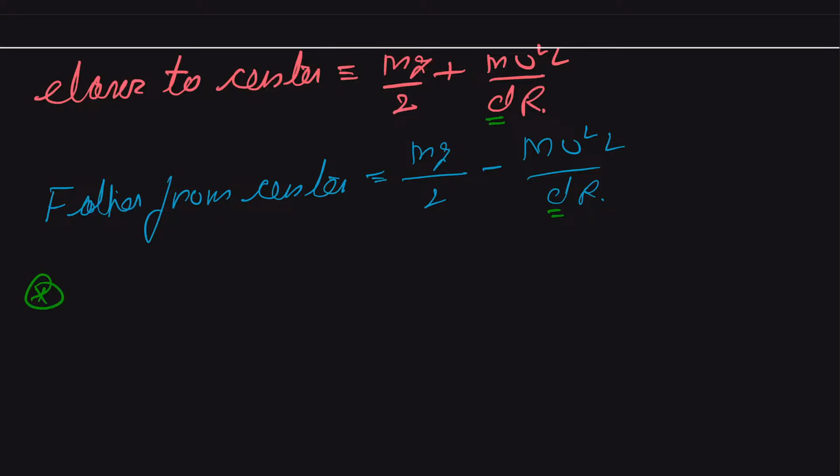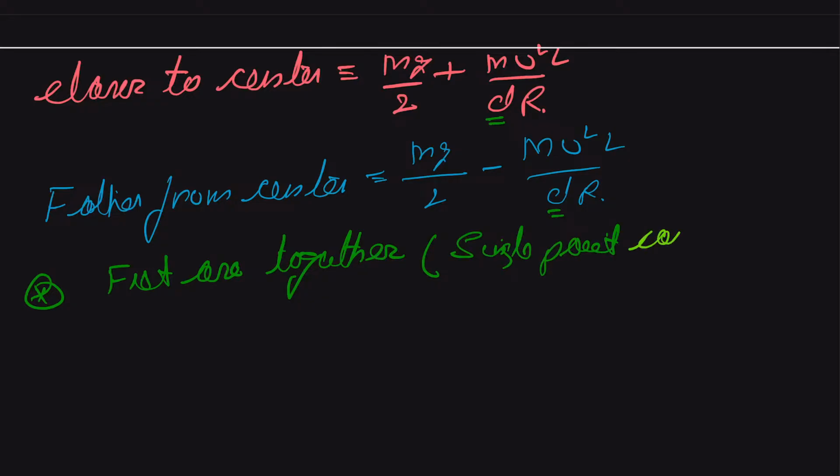Okay. So we can say the feet are together, such that we take them as a single point contact, which means that d is approximately equal to 0.